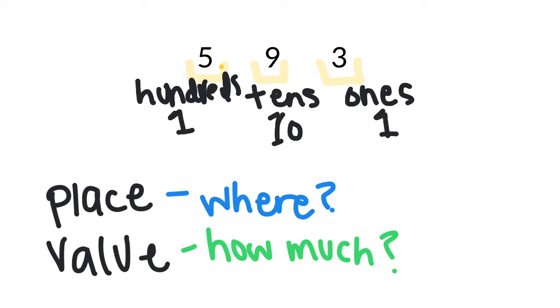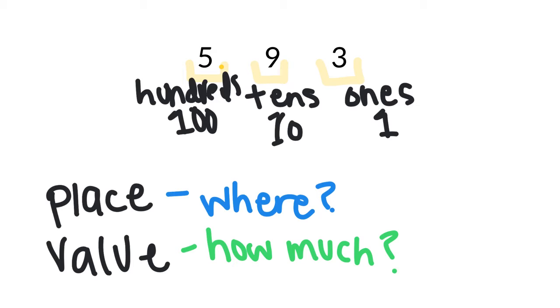Okay, but the question is, what is the place value of each of these digits? If we look at the 3 right here, we can't just say that the value of the 3 is ones. How many ones are there? There are 3 ones.